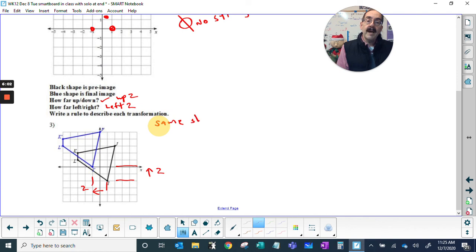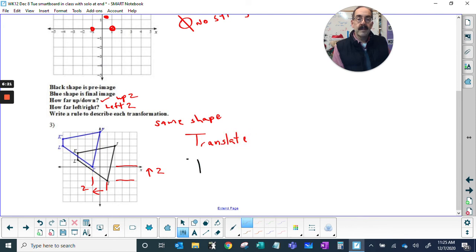But now we want to actually write in proper notation. So when we go left, right, up, down, what's it called? Translation. Okay, so we translate, which means we use a capital T, x comma y.